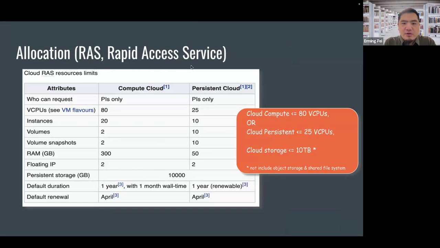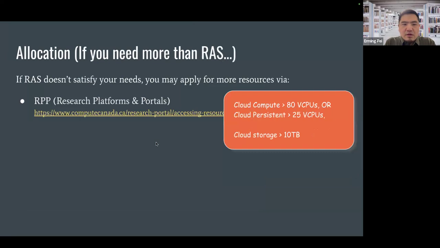You can apply for RAS at any time in the year, as long as the resource needs are less than 80 vCPU for compute or 25 vCPU for persistent. That's the main difference. If you need more, you can apply for RAC or RPP, Research Platforms and Portals.